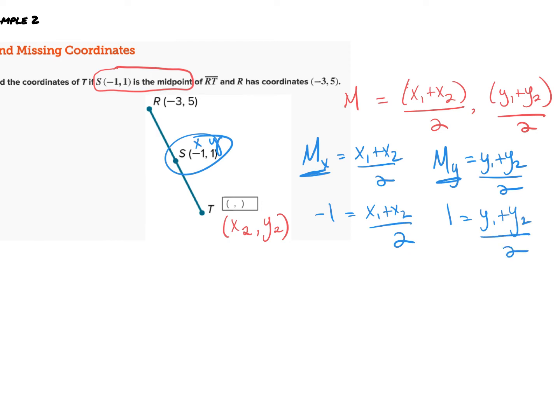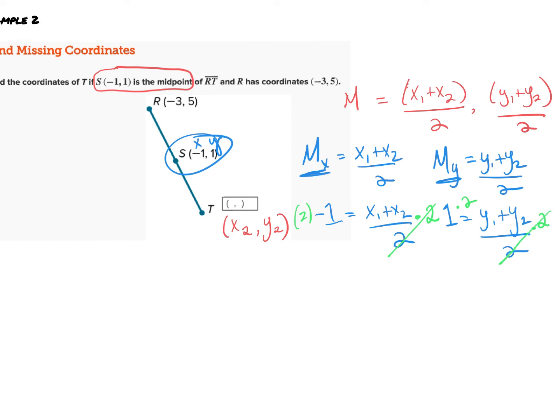So from here, we're going to solve this like any other algebraic equation. And because we have a fraction, the easiest thing to do is to get rid of that fraction by multiplying both sides of the equation by 2, because then that gets rid of the denominator. So these 2's will cancel, these 2's will cancel.